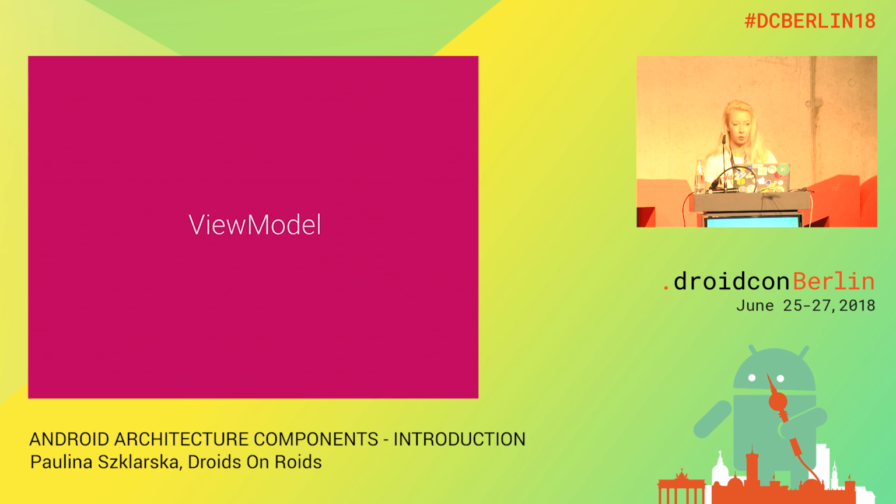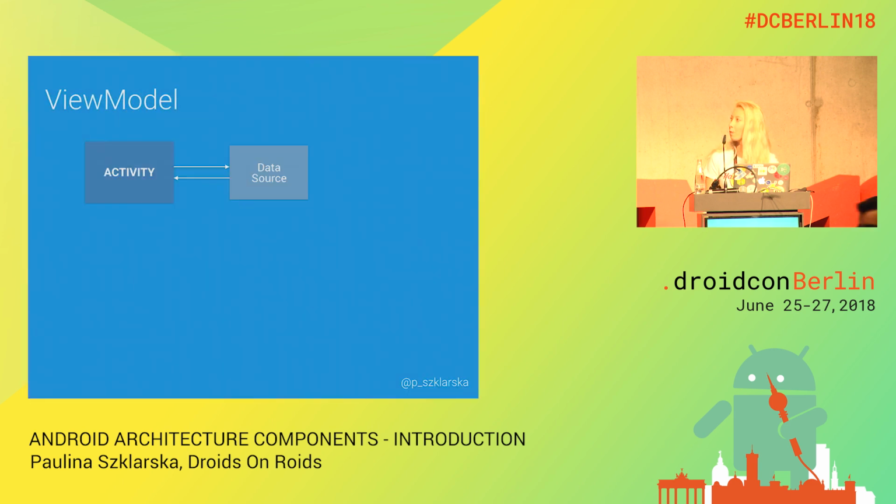Okay, now something different, ViewModel. So let's assume we have some activity, and we don't want to store the data in the activity. We're good developers, so we need to have some external data source. It can be, for example, a presenter in an MVP approach or a view model in an MVVM approach.